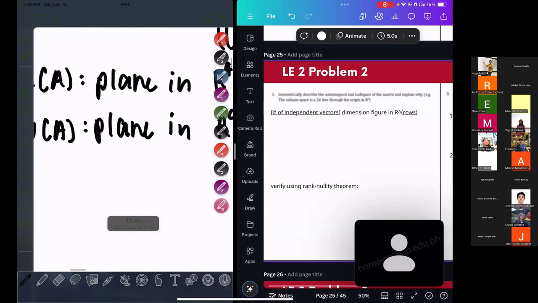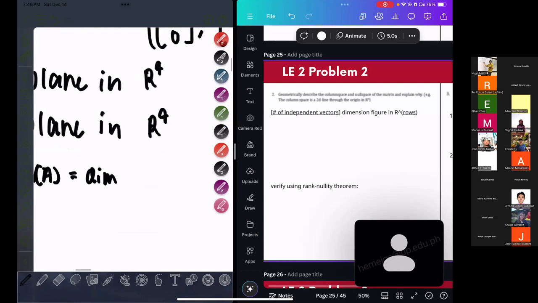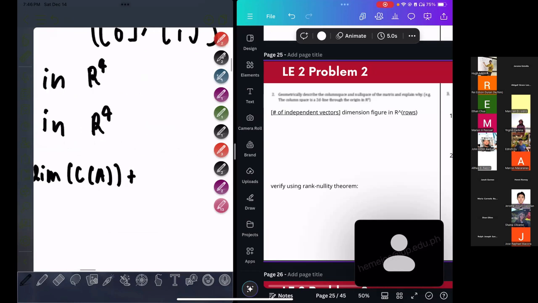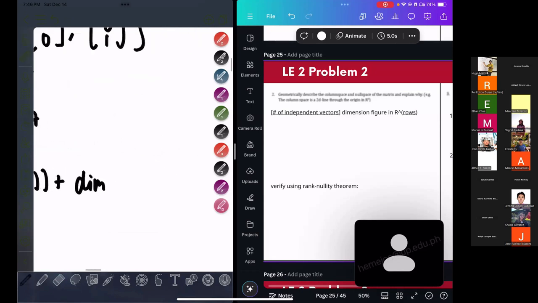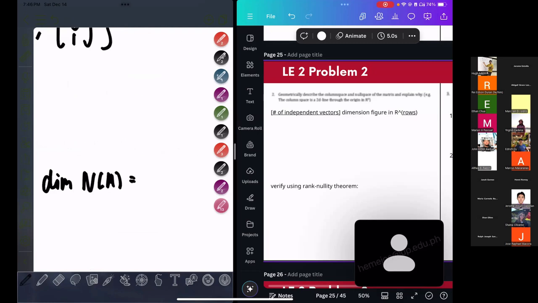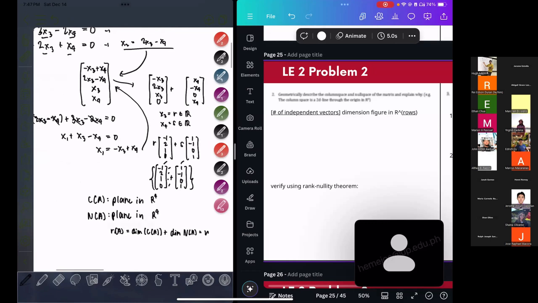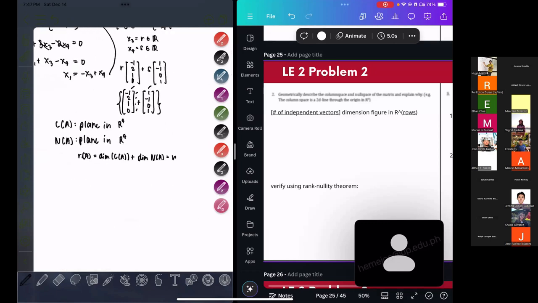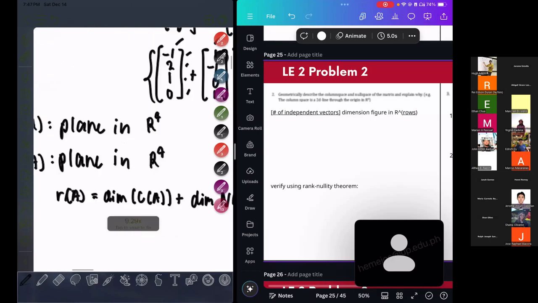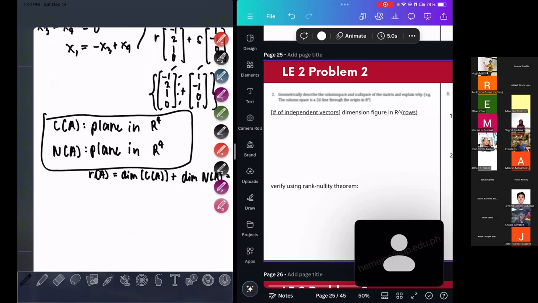Kailangan yung rank, which is, I guess this is important in theory also, the dimension of the column space, dapat, if you add it to the dimension of the null space, this should be equal to n, or the amount of columns, sorry. So that is correct naman in our case. So this is good stuff.